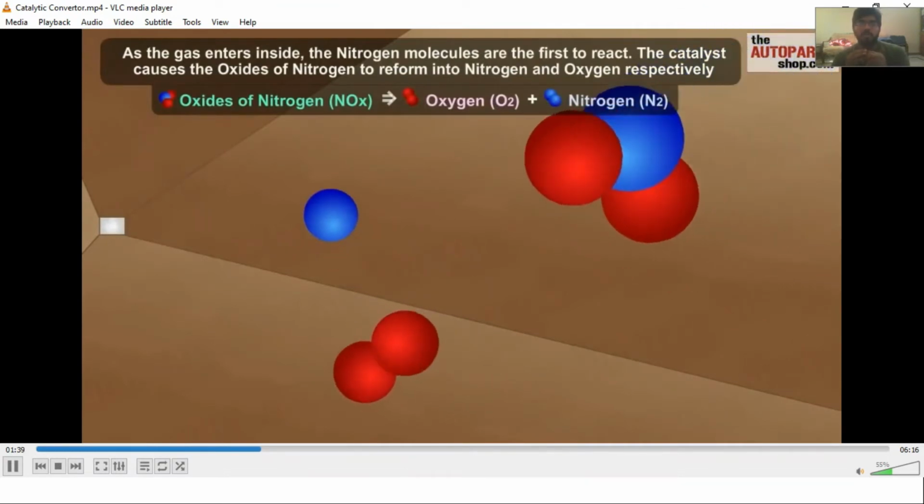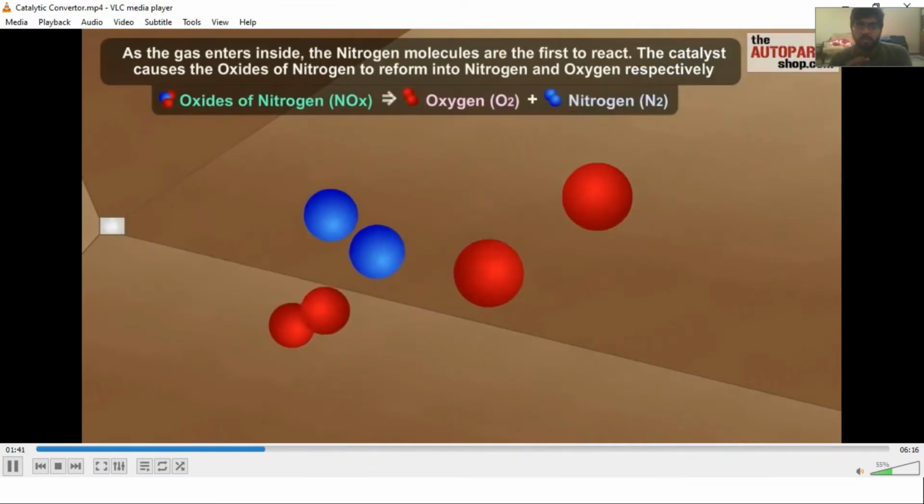Now again, here you can see that in the reducing element, the oxides of nitrogen are being dissociated, broken down into oxygen and nitrogen molecules only.